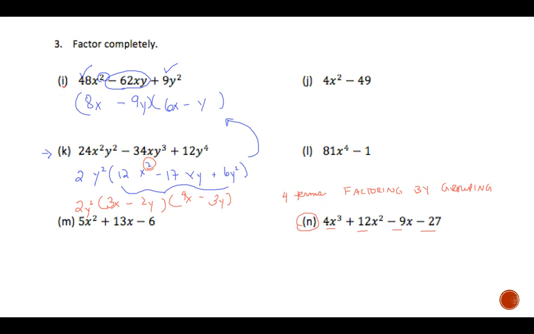So I used the associative property, and I grouped these two, and I pulled a 4x squared out front. Right? Double check and make sure that's equal to 4x cubed plus 12x squared. I'm not changing anything.